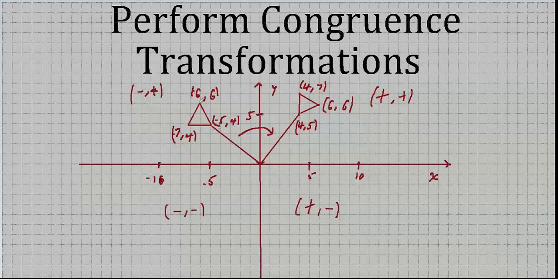So what we do when we switch around here, since it's 90 degrees, that's the trick. We end up reversing things and choosing the correct sign. For instance, we reverse the 4 and the 7 here to get this point here. But it has to be positive because we're over here in the positive quadrant. If we went the other way, we do the same thing. We reverse the X and Y coordinate, but the X coordinate would have to become negative.